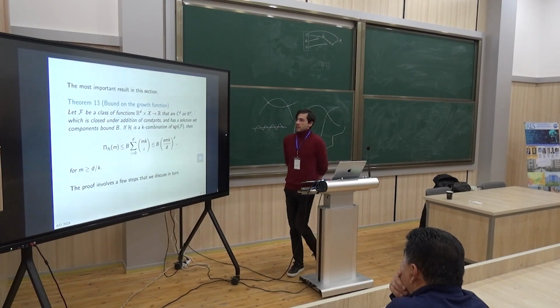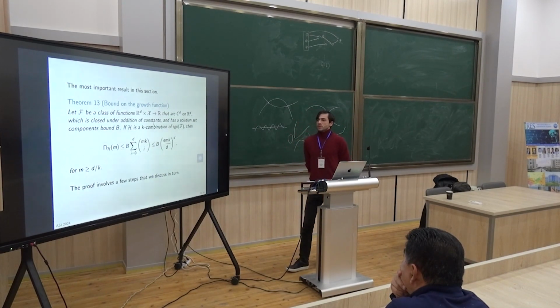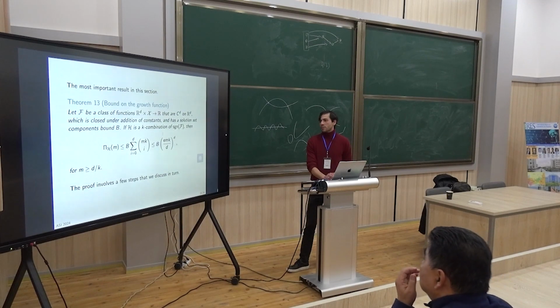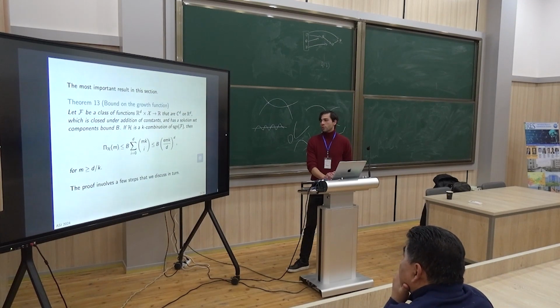Then what is the growth function of this class? The growth function of this class is going to be bounded above by B, which is the bound on the solution set components, times this binomial sum, and we can upper bound the binomial sum just by this expression here. So this is going to be an upper bound for the growth function of this class.